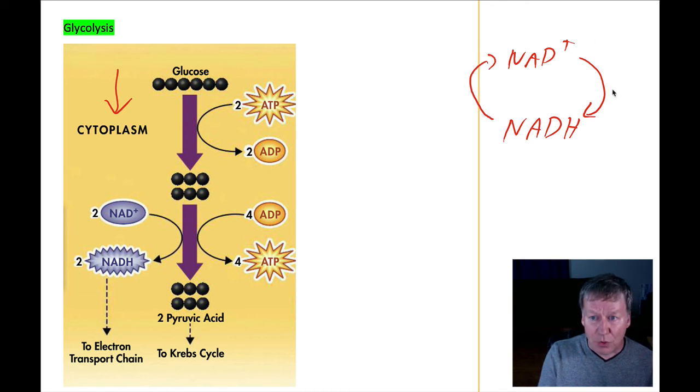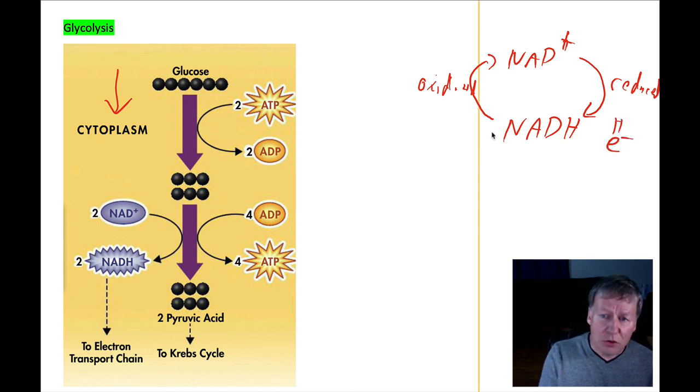NAD plus gets reduced and becomes NADH. NADH gets oxidized and becomes NAD plus. When it is reduced, it gains hydrogens and electrons. When it's oxidized, it loses hydrogens and electrons. Now, we can't see the electrons, but we can see the hydrogens, and so that's what we follow.